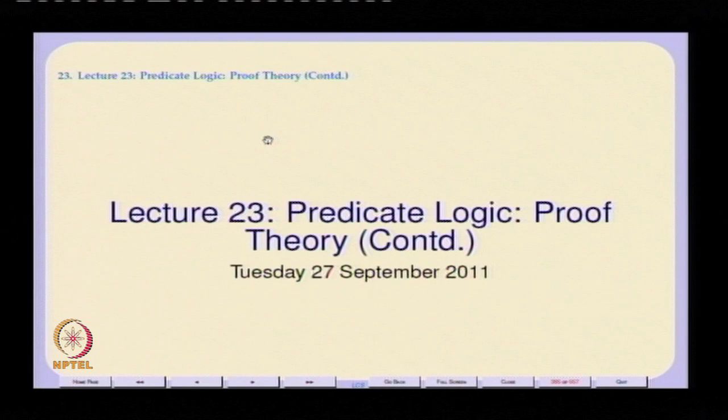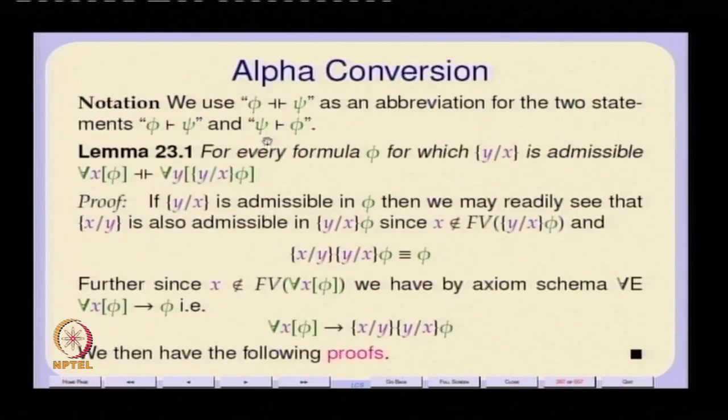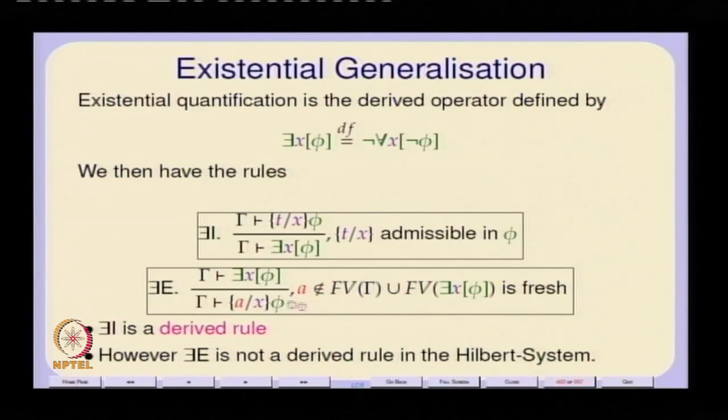we also had the notion of equality, for which we gave some axioms, but more importantly we showed that the rules for existential quantification are subtle.